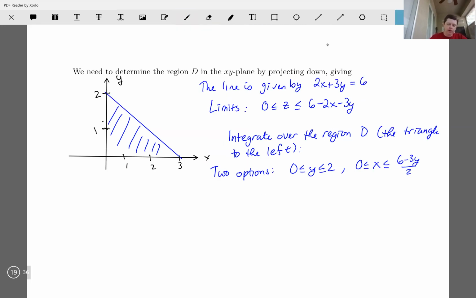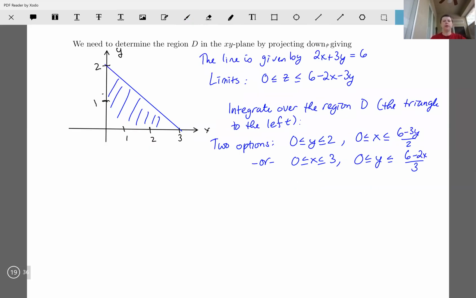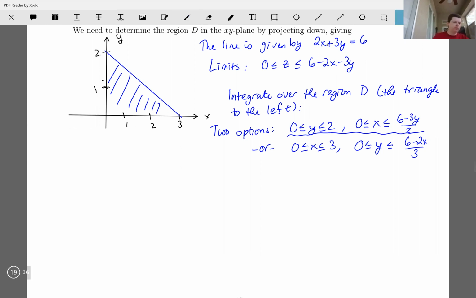Or we could let x range between 0 and 3, and then y is going to be greater than or equal to 0 and less than or equal to 6 minus 2x over 3. Neither one seems to be much easier, so I'm going to choose the first one, but you should try doing the integral using the second one. I'm just going to choose the first one for the heck of it.